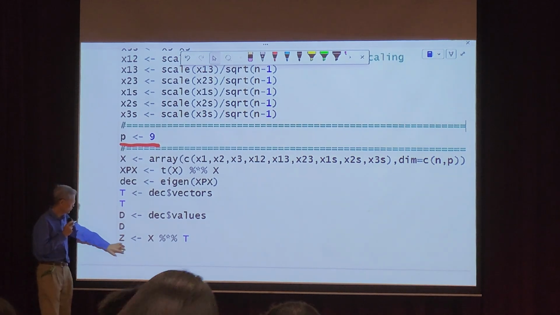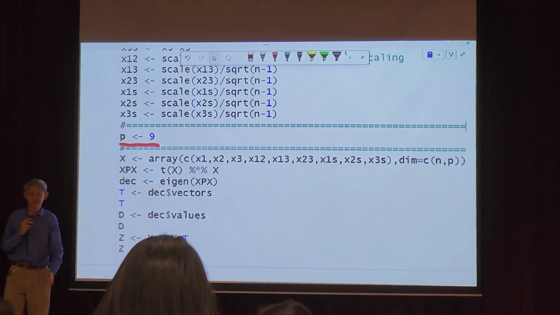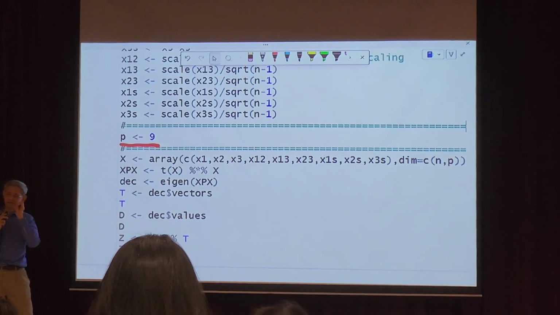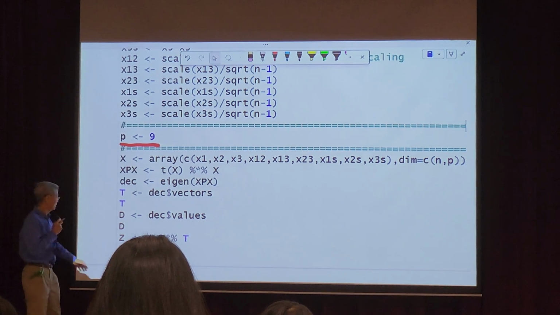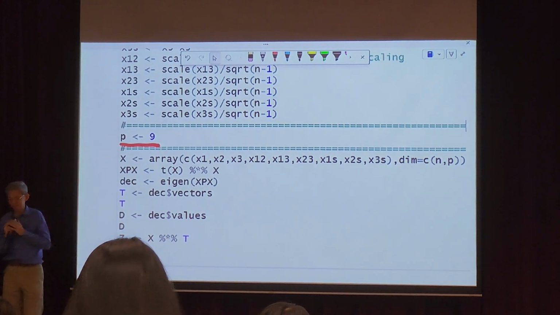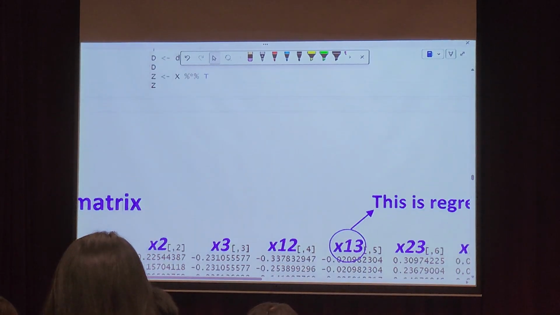So all we have to do is to check the columns of this matrix to see if there's any column that is near 0. If there is a near 0 vector, then there's dependency. If all of them are quite different from 0, then there's no dependency. You got that?